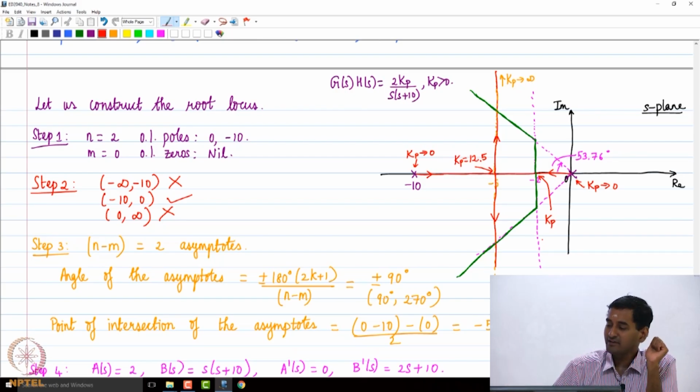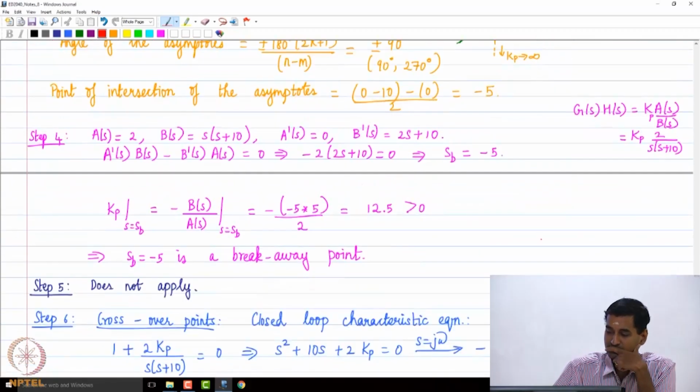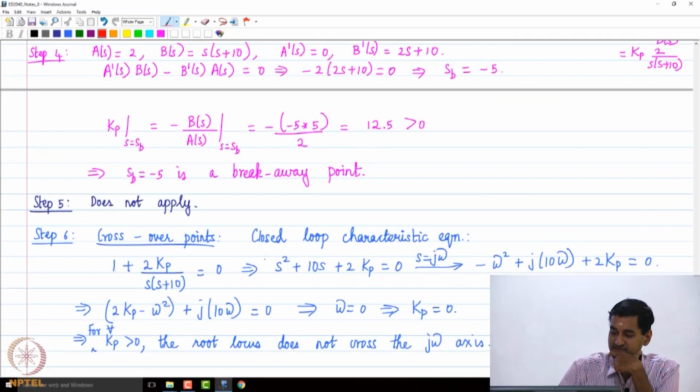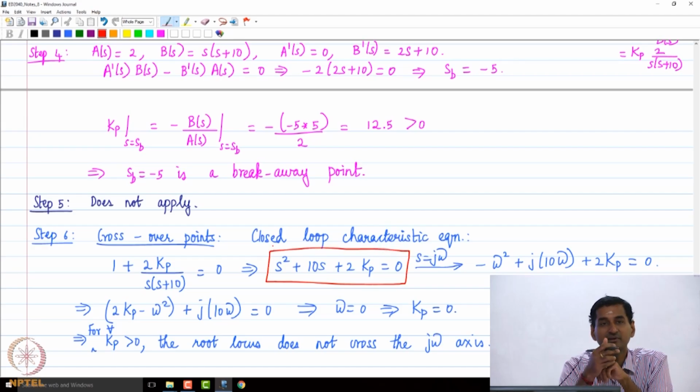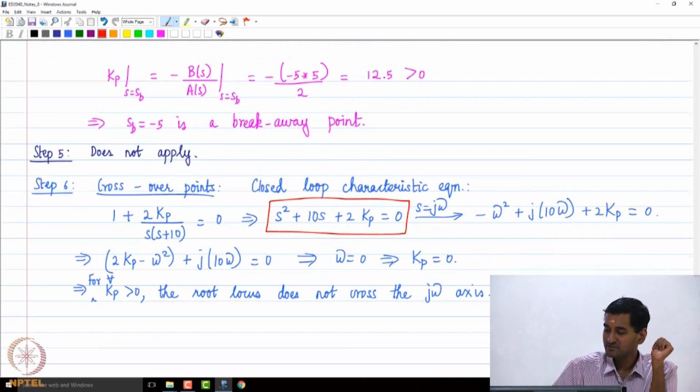What is the closed loop characteristic equation? It is this. So if you substitute S equals minus 2 here, what do you get for Kp? Kp should be 8, right?